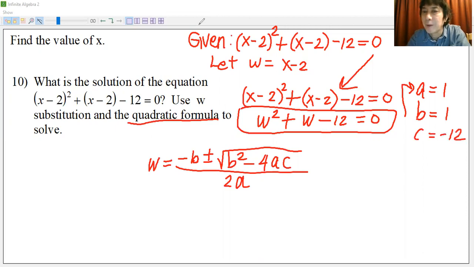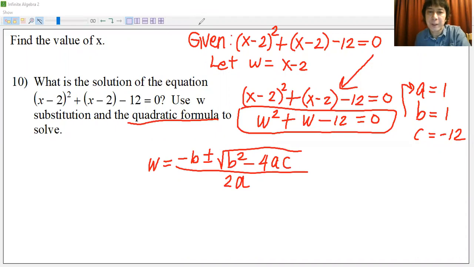You should review your quadratic equation and how to use it. There is a 1 here, there is also a 1 here, and that's a negative 12. That's just to show you the coefficients.